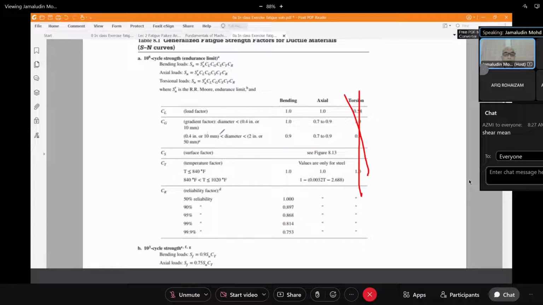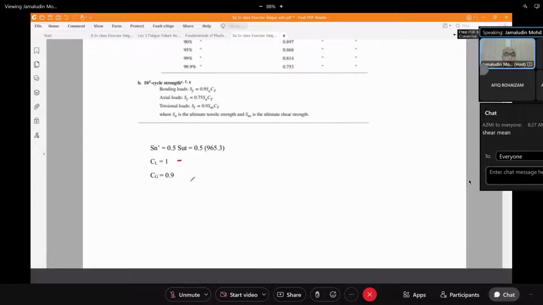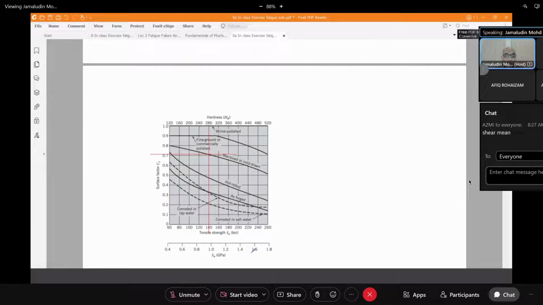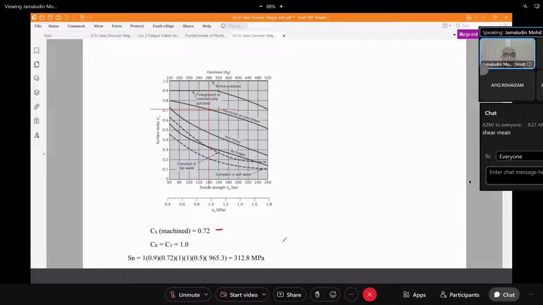That will be 10 to 40, that's 0.9 here. That will be CG. CS, we base on our 140 KSI. We bring this line up until machine, remember this machine, 0.7 for CS. CR and CT are not given, so we can assume they are equal to 1.